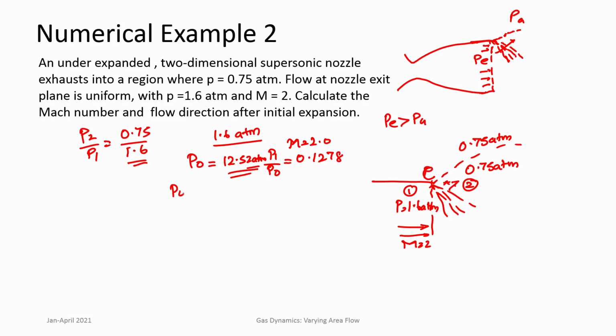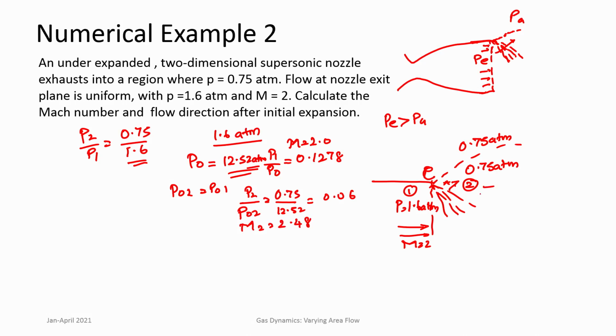So, P naught 2 is equal to P naught 1. P2 by P naught 2 is 0.75 by 12.52, which is 0.06. So, here you get Mach number at 2 is 2.48.